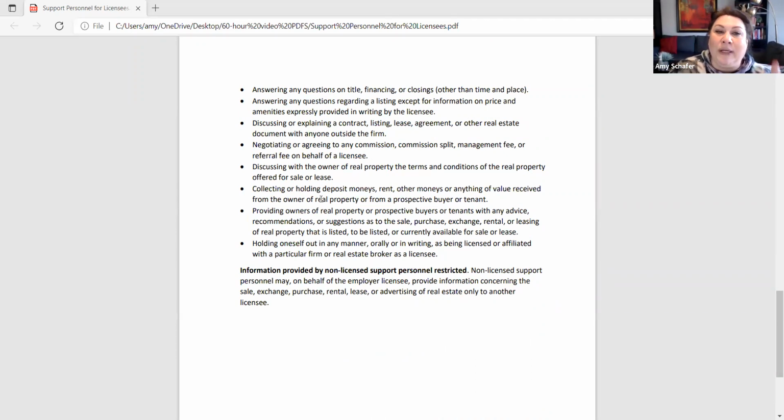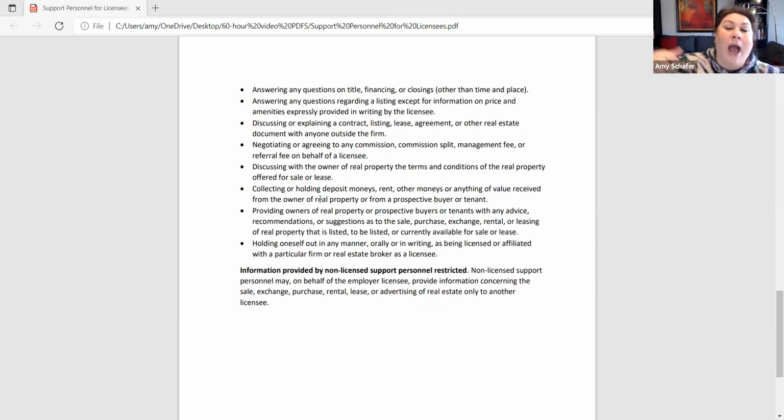This is, I think, worded a little misleading, I will admit, even though this is directly from the Iowa Code. This is saying that they are allowed to help manage that account. What this refers to is they're not able to personally hold and collect deposit monies.